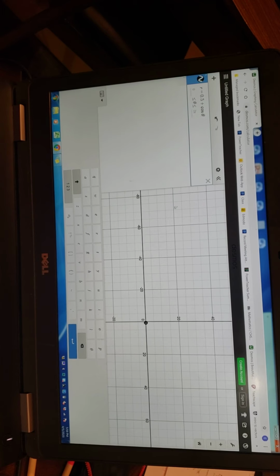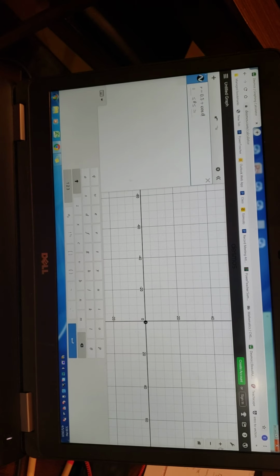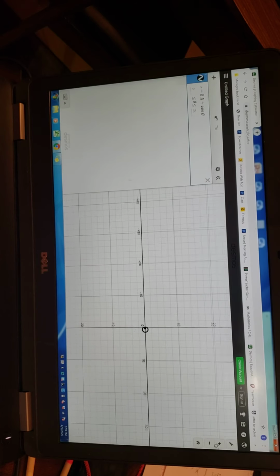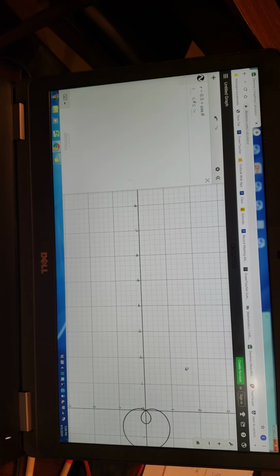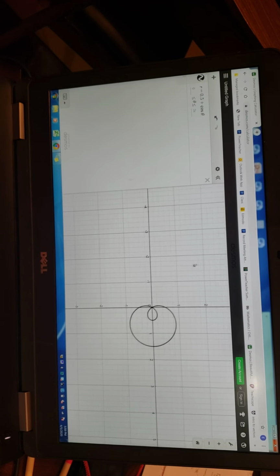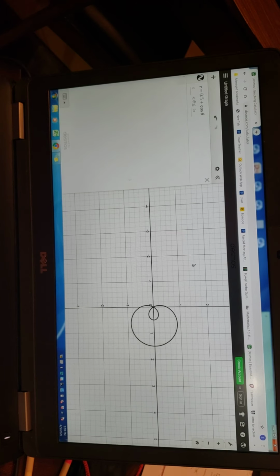Now notice I have a pretty big axis here. It goes all the way to 60. It's really tiny in here, so I'm going to zoom in, zoom in, zoom in. Okay, so there's the first one I asked you to graph.